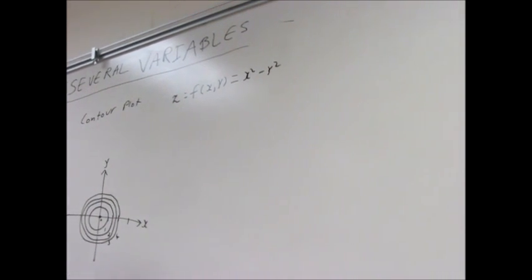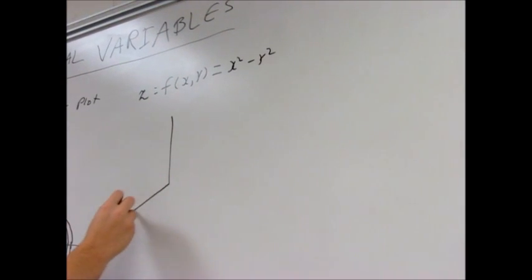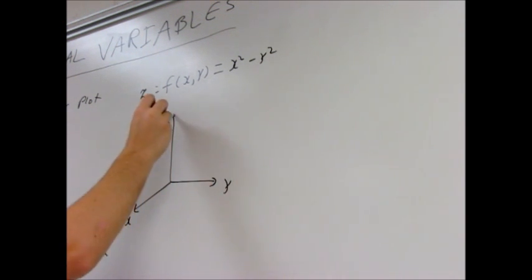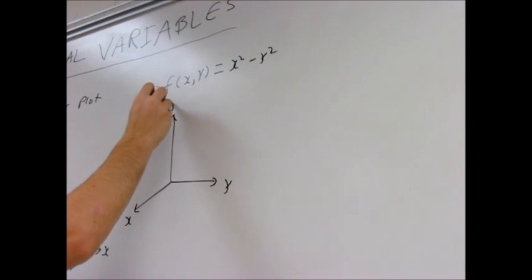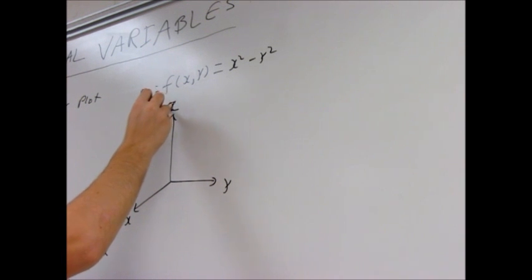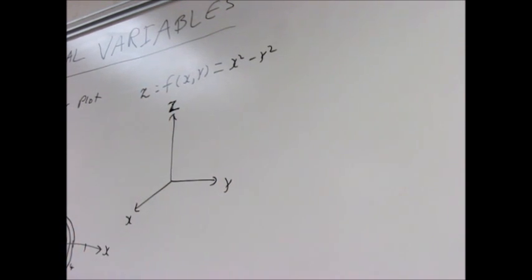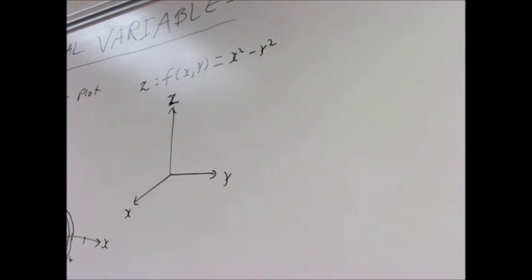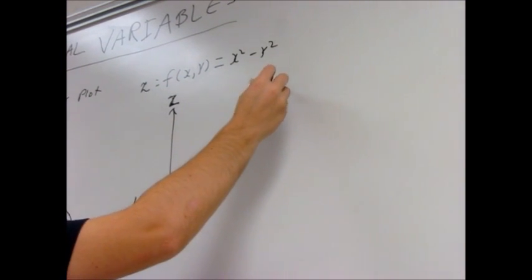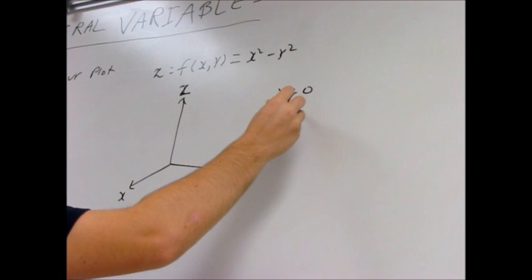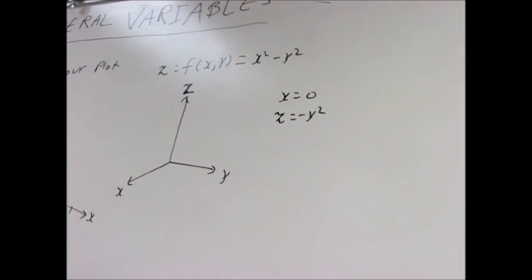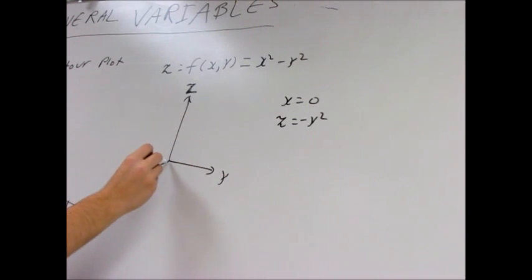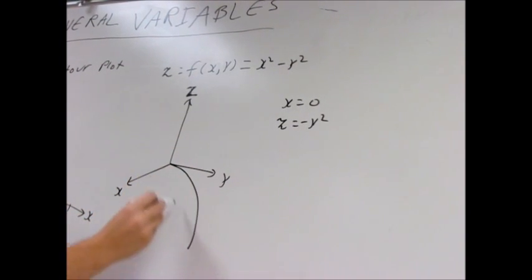So now, x, y, z axes, so we can try to do a similar technique like we did with the other one. So if we set x equals 0, we just get z equals negative y squared. So every time we have x is 0, we just focus on the z and the y axes. It looks something like this.